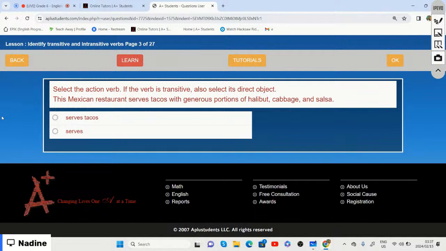So is it serves tacos, or is it just the action verb, which is serves? It's like us asking ourselves, whom or what is it acting on? This Mexican restaurant serves tacos.